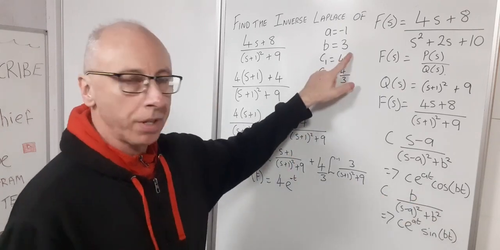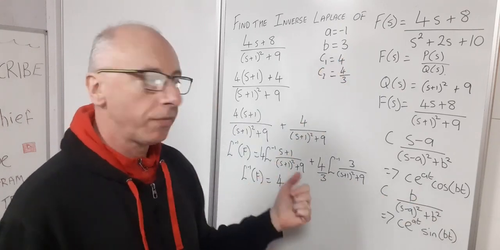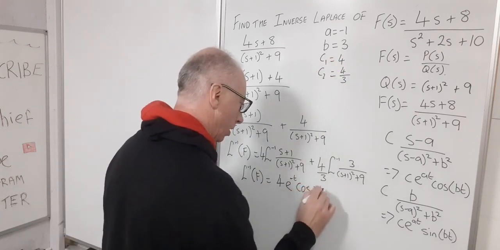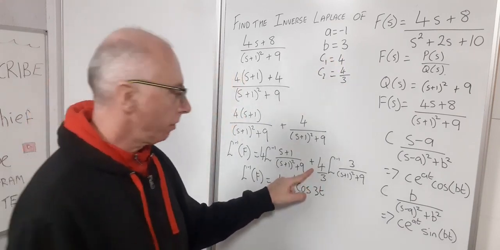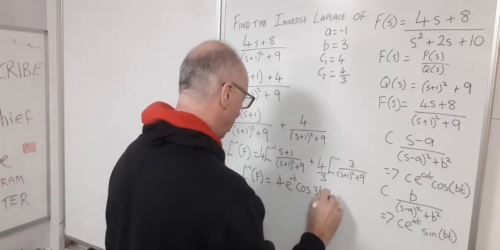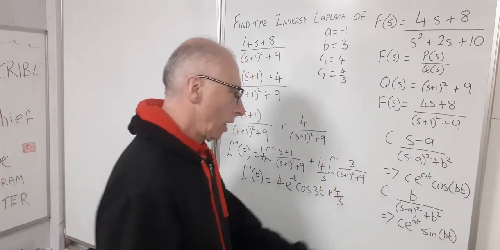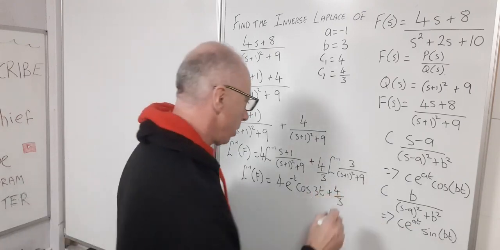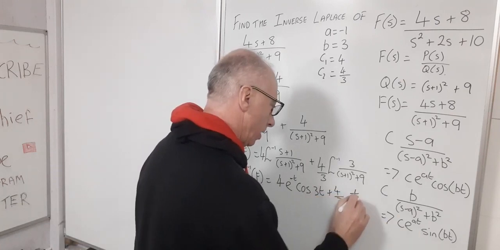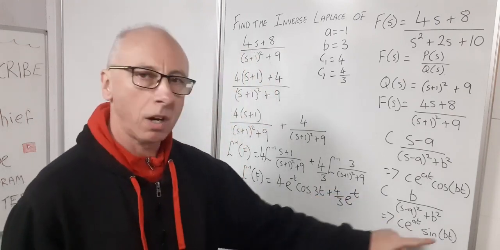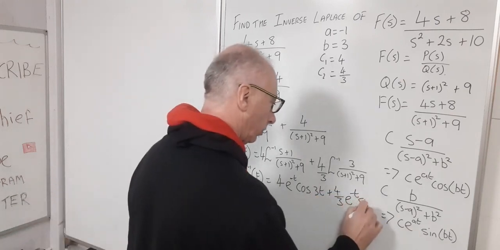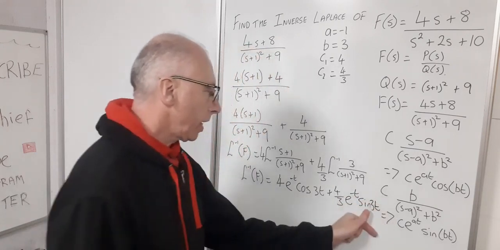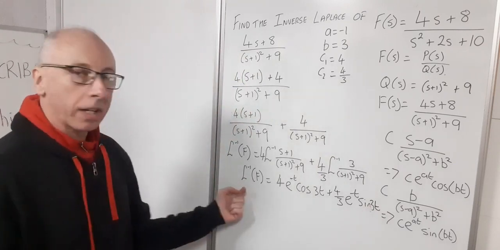Well, b is 3 in both cases, so we've got cosine of 3t. And then this one here, we've got 4/3 as our c2. And then working on this one, e to the at, again a is minus 1, so e to the minus t, and then sine of 3t. Okay, now that could be a valid result.